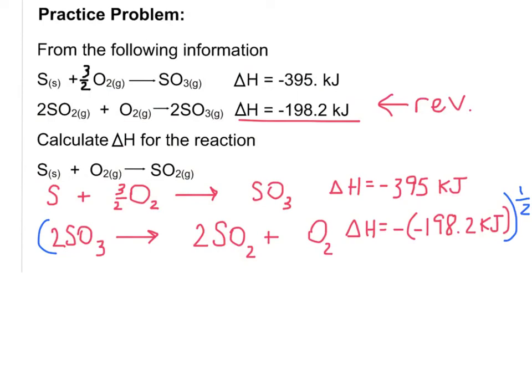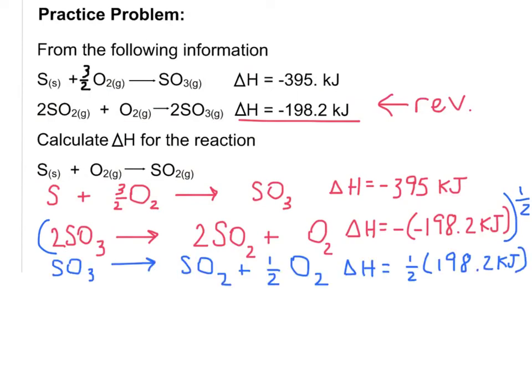When I do that, I get this equation. So I just rewrote that for us. This is the equation I get when I multiply all those by 1/2, and I also have to multiply my change in enthalpy by 1/2. So I made this just a plain positive number, 198.2 kilojoules, multiplied by 1/2.